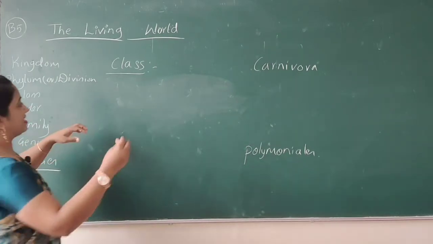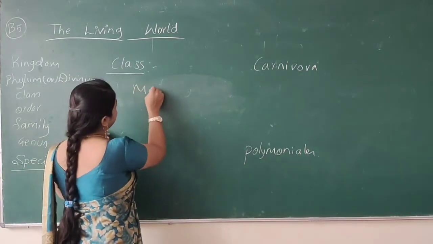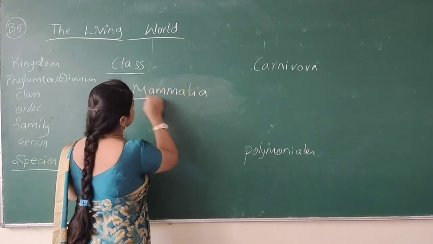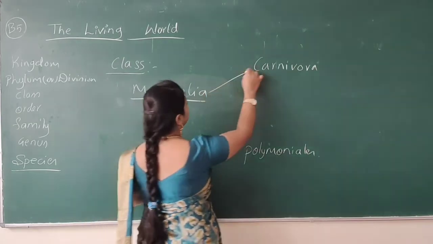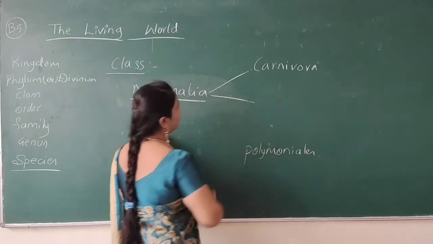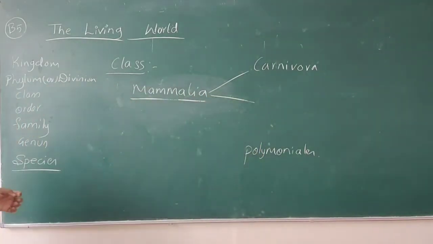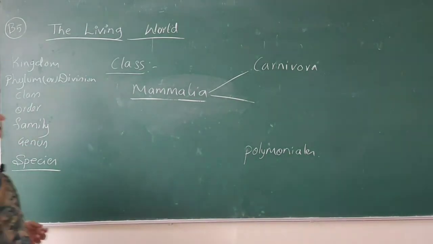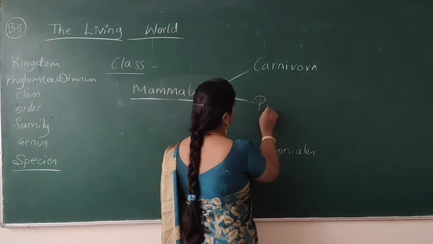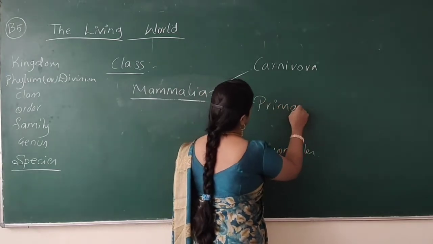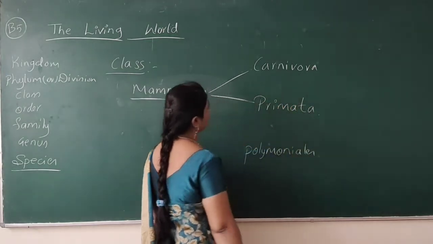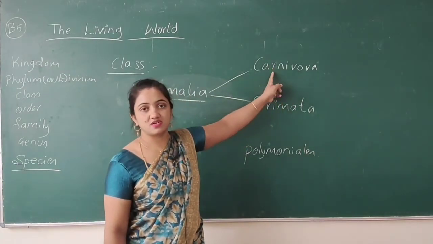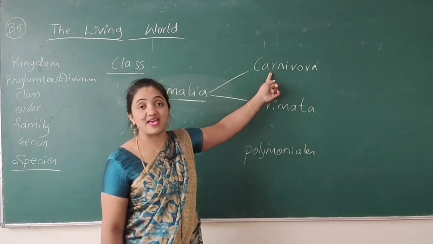So the class Mammalia includes the order Carnivora, and one more order, the order Primata. We know which organisms come under Carnivora: all the carnivorous animals.